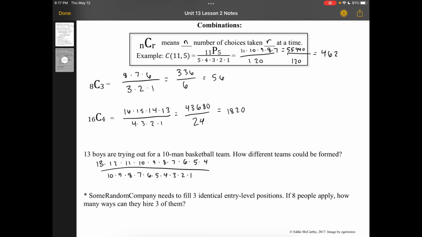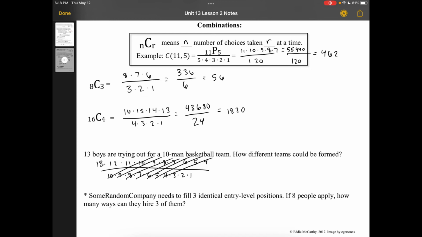Now, this is a lot, but there's actually a trick here. There's some things that overlap, so I can cut those out, and then I don't have to deal with them. 10 and 10, 9 and 9, 8 and 8, 7 and 7, 6 and 6, 5 and 5, 4 and 4.